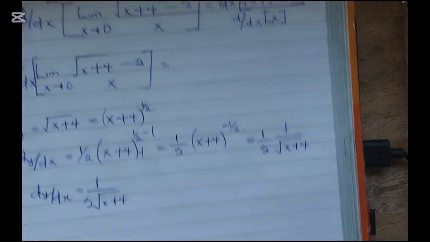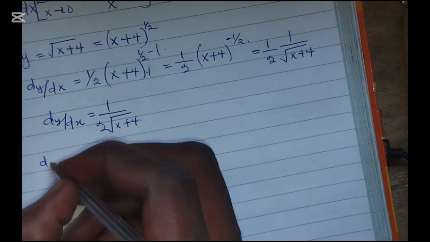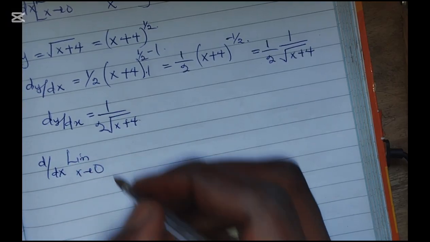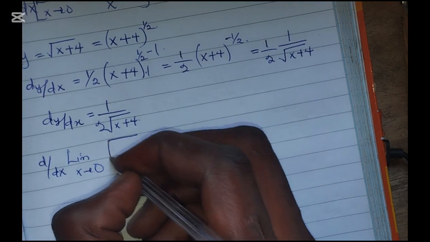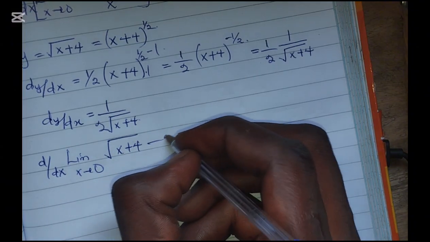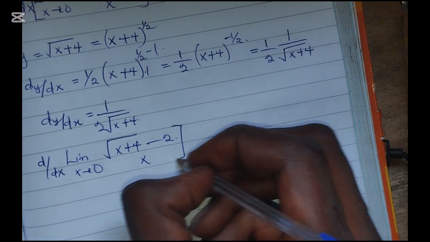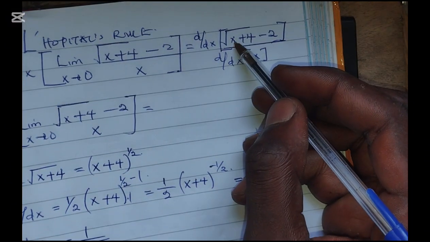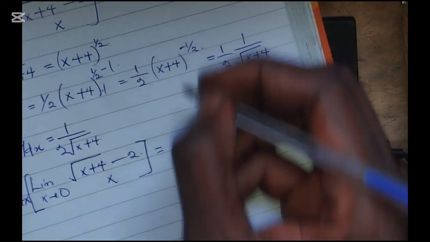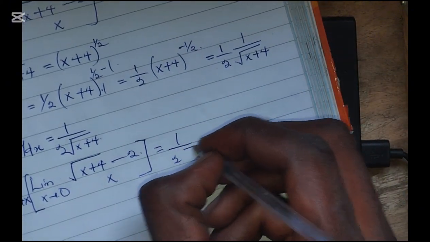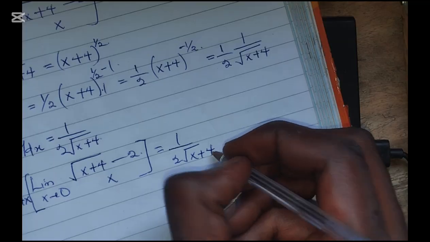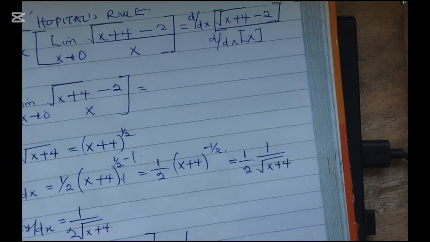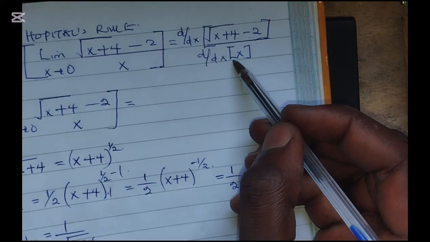Let's bring it here. So d dx of the limit as x goes to 0 of the function root of x plus 4 minus 2 over x is equal to, for this part here, we got the value to be 1 all over 2 root of x plus 4. The 2 here goes to 0, all over 1, this one goes to 1.